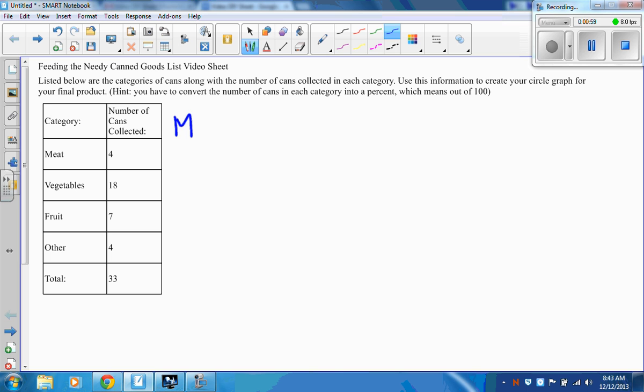In this case, your part is the meat, and the whole is the total cans you collected. Once you find the total for one, it's going to be the same for every one of them. So let's go ahead and set up our proportion. We have 4 cans of meat to the total, which is all of these numbers added together, which is 33.